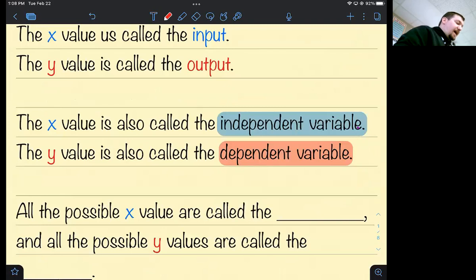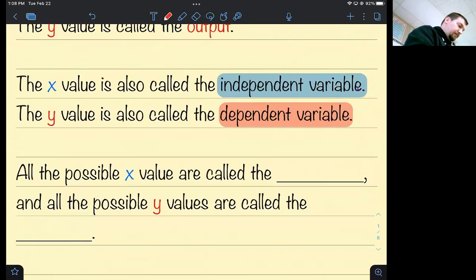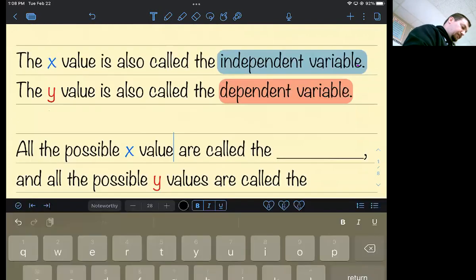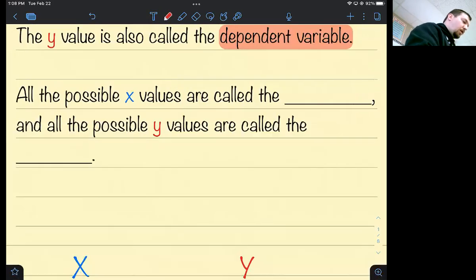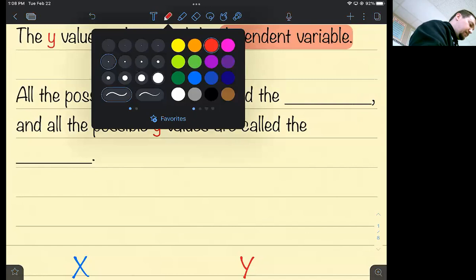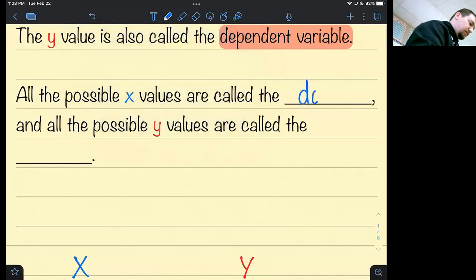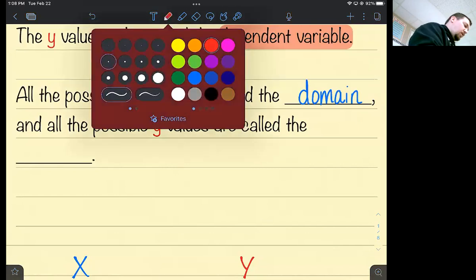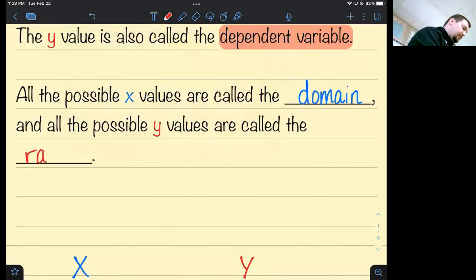All possible X values are called the domain. And all the possible Y values are called the range. Now, we're not going to do an awful lot with domain and range this year.